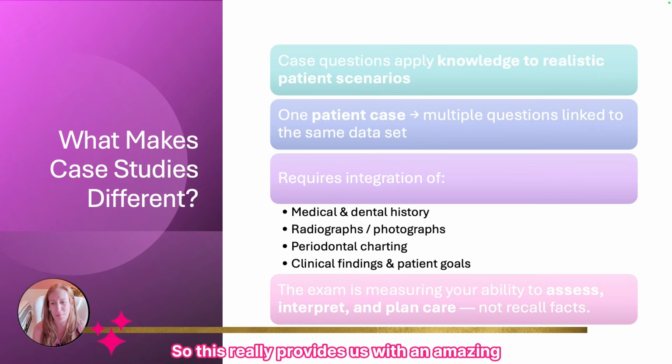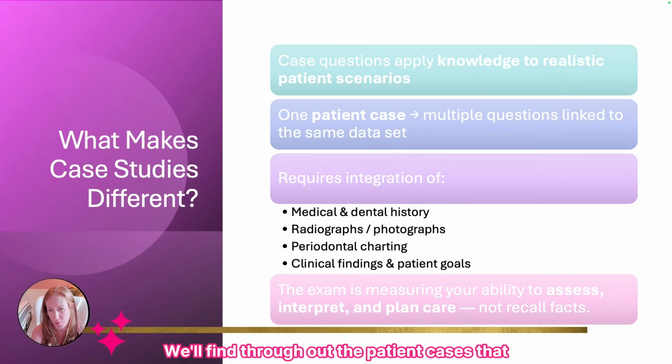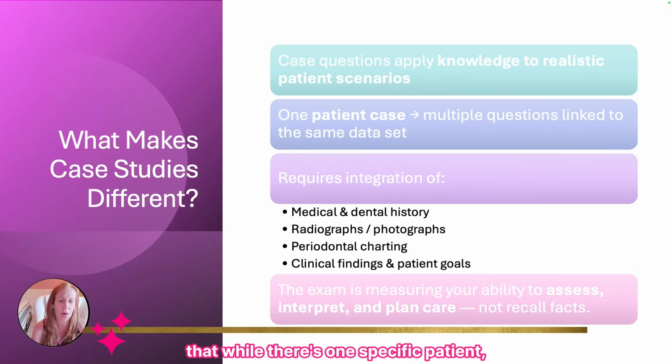So this really provides us with an amazing opportunity to take a look patient by patient at what these unique patient needs may be. We'll find throughout the patient cases that we're going to be looking at that while there's one specific patient, multiple questions are going to come out of that patient experience.